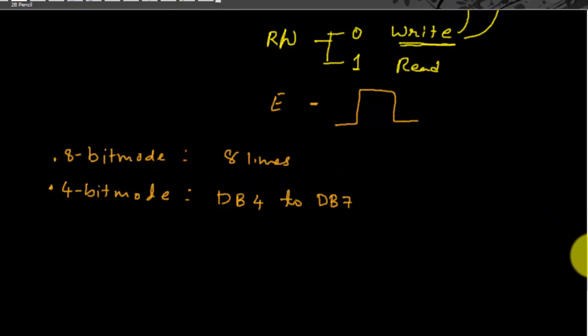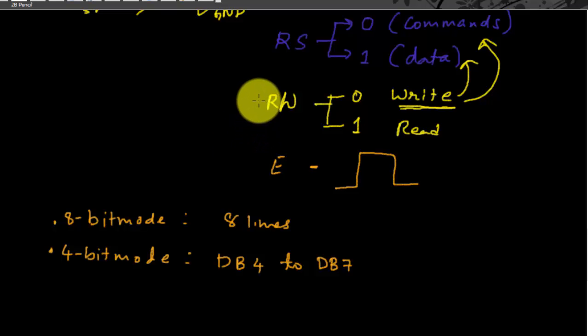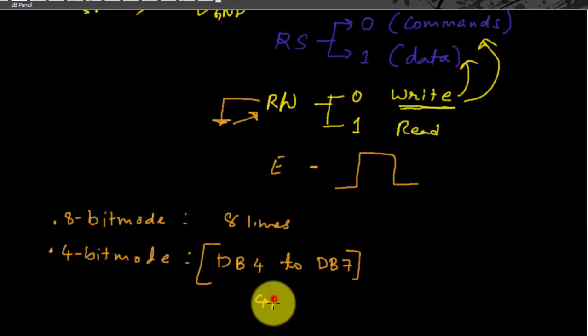Now you could infer one more thing here. Say I want to save one more pin, and usually I do not read back from the LCD, so I just write. What I could do is connect this read/write pin to ground, so it will always be 0. With this combination, I use 4 pins for data, and the read/write pin I simply ground, so I do not use it.